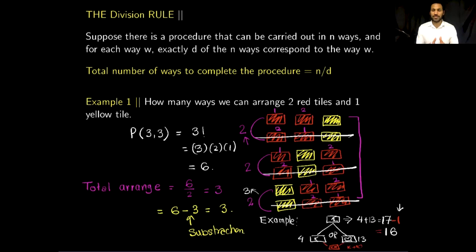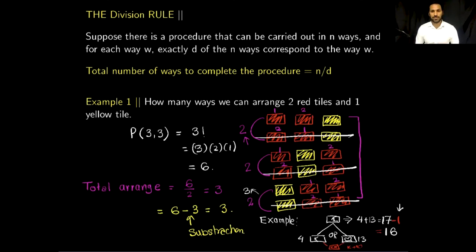So for using the division rule, it is really important that the total number of ways can be divided into a certain number of groups, and each group must have exactly the same number of ways corresponding to one way written. However, in the subtraction rule, there are some ways which have a doubling or repetition, so we just have to go through, find them, and subtract them. So this is the major difference between the subtraction rule and the division rule.